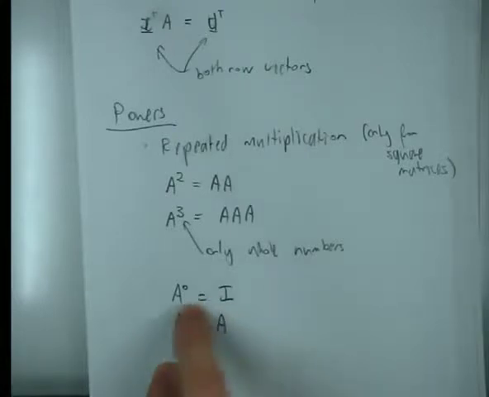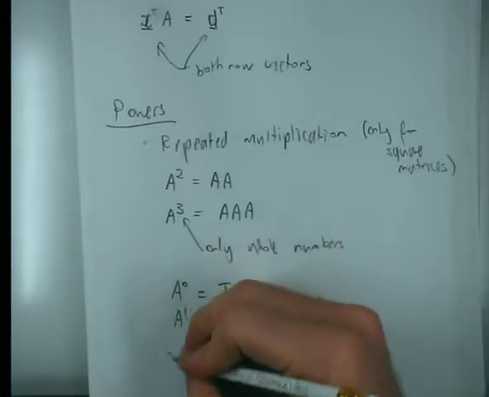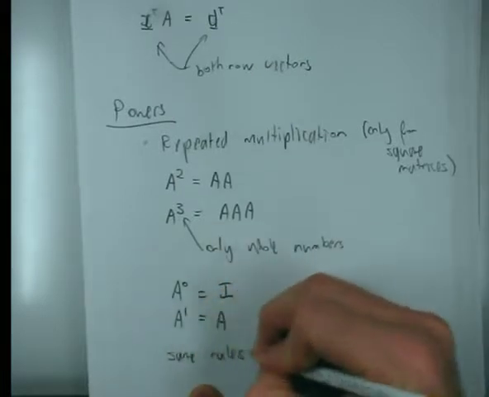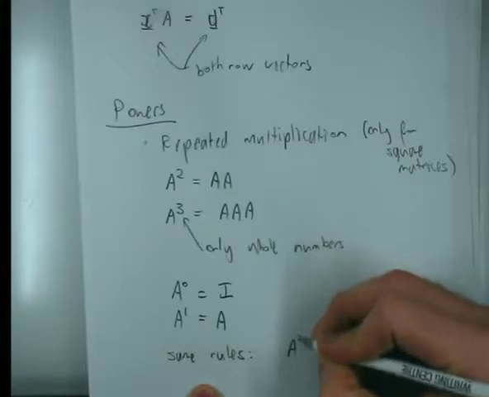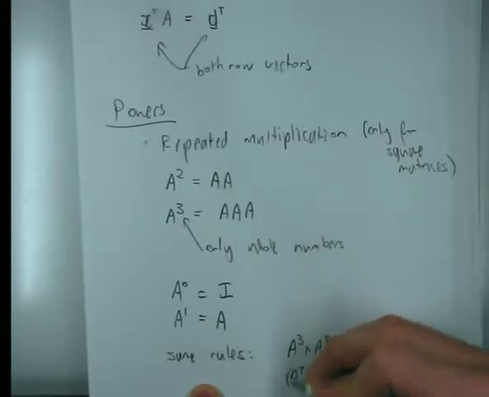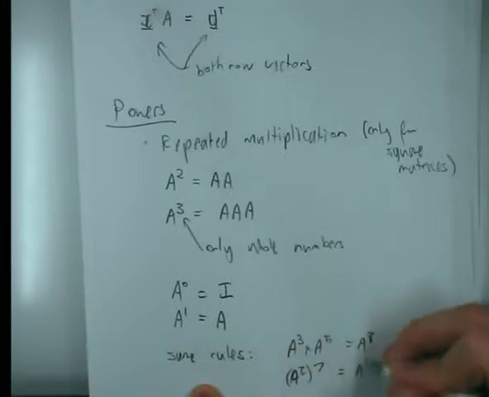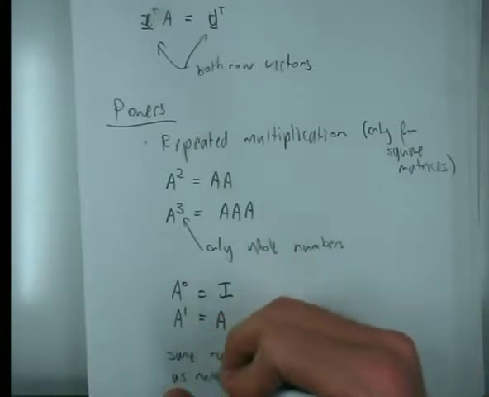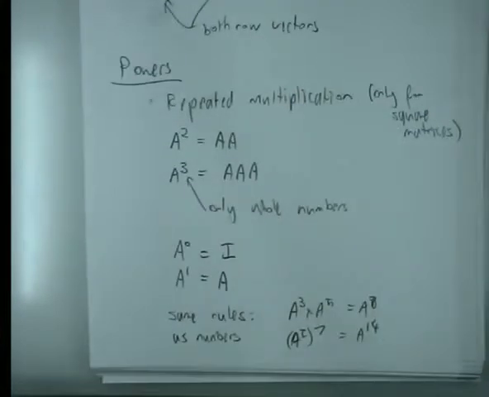Of course, this is true for any matrices. Okay, and the same rules for powers work. When you multiply two A's together, the powers will add. So A cubed times A to the 5 will be A to the 8, and A squared to the 7 will be A to the 14. So the same rules apply as for numbers, except there's no such thing as roots.